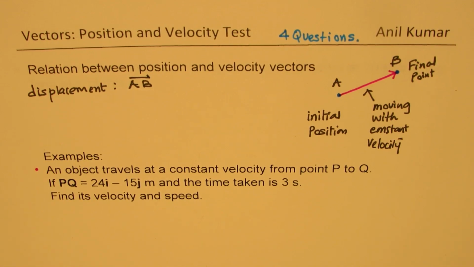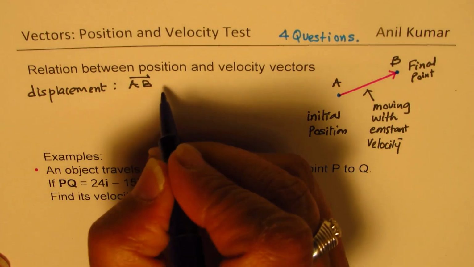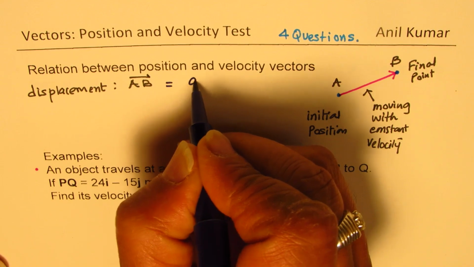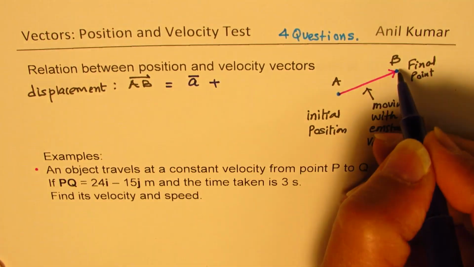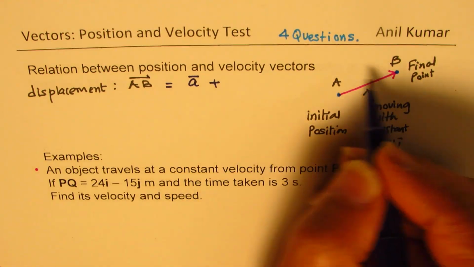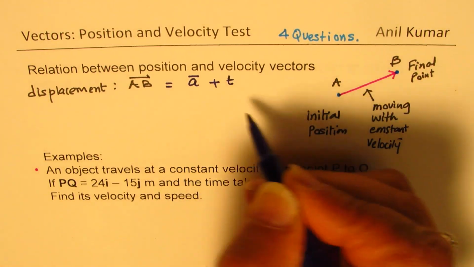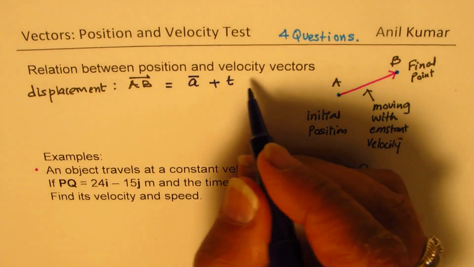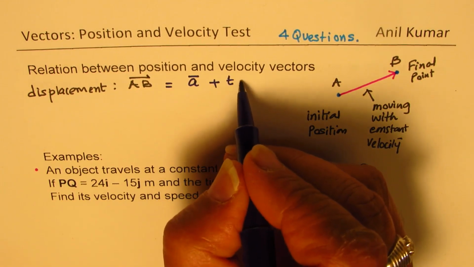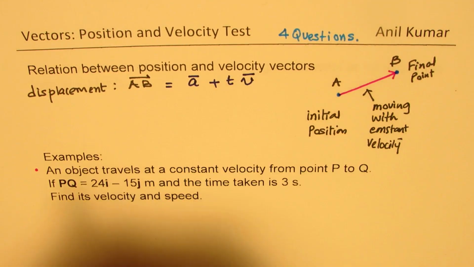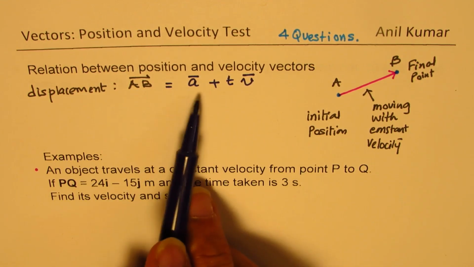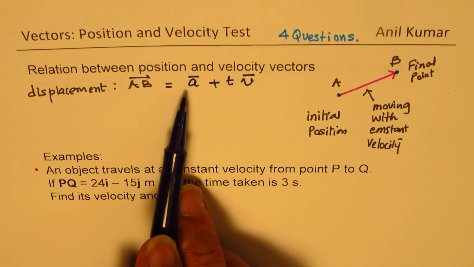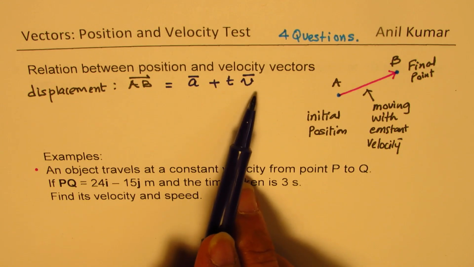If I am saying that the initial position is given by vector A and time taken to reach point B is t, and if it is going with the velocity v, then the displacement will be represented by initial position plus change in position, right? Do you see that?